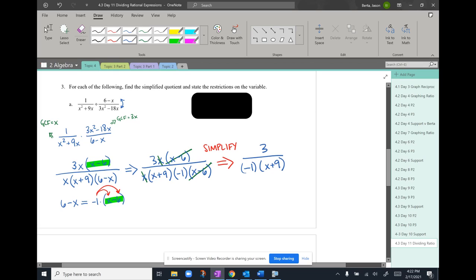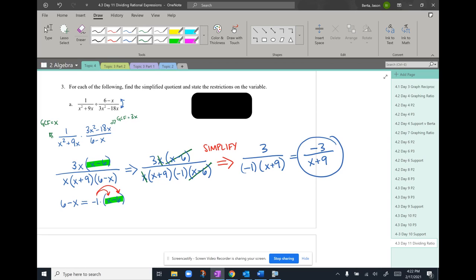When we have a -1 in the denominator, we can also write that up in the numerator, or we can write it out front. I'm just going to combine it with the numerator, and so further simplify this answer to -3 over x plus 9. That's a format that I'd like to see for the simplified quotient of this problem.